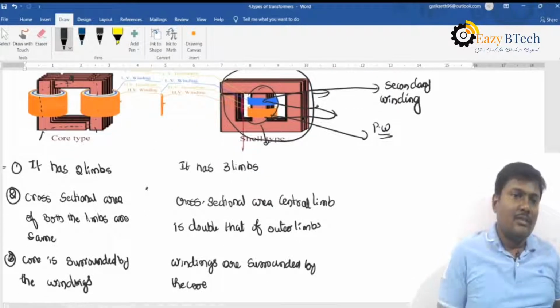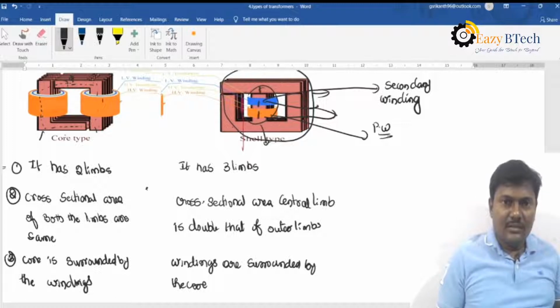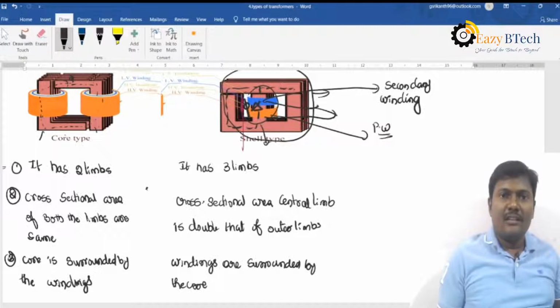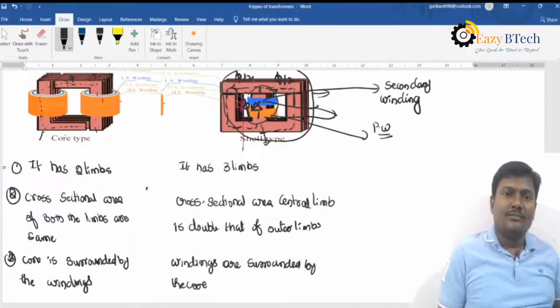And if you observe the flux which is produced in the core type, it has only a single path. But in the shell type, the flux developed in the central limb is divided into two parallel paths in the outer limbs.